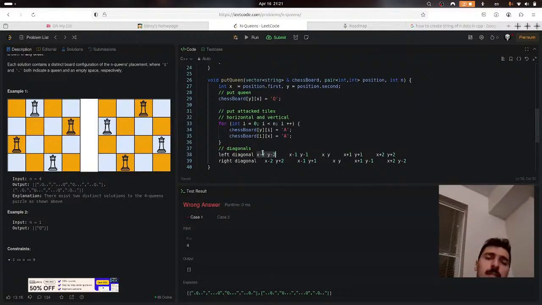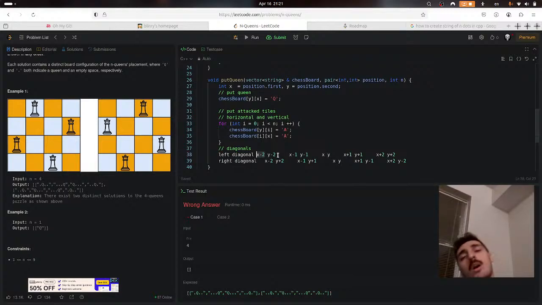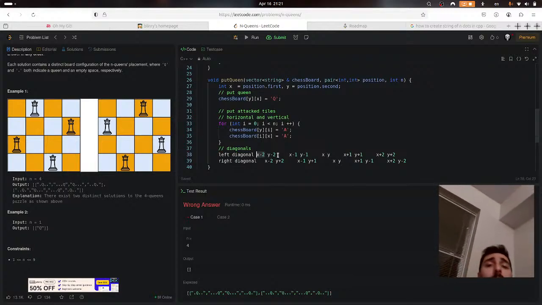Since we're talking about a chessboard, which is a square, if the x or y coordinate is less than n and greater than or equal to 0, it's okay. Otherwise, it's out of bounds.